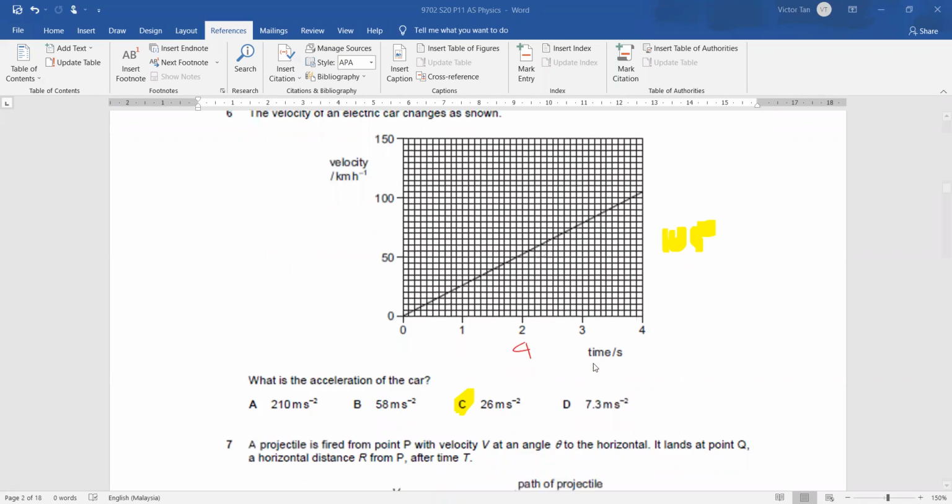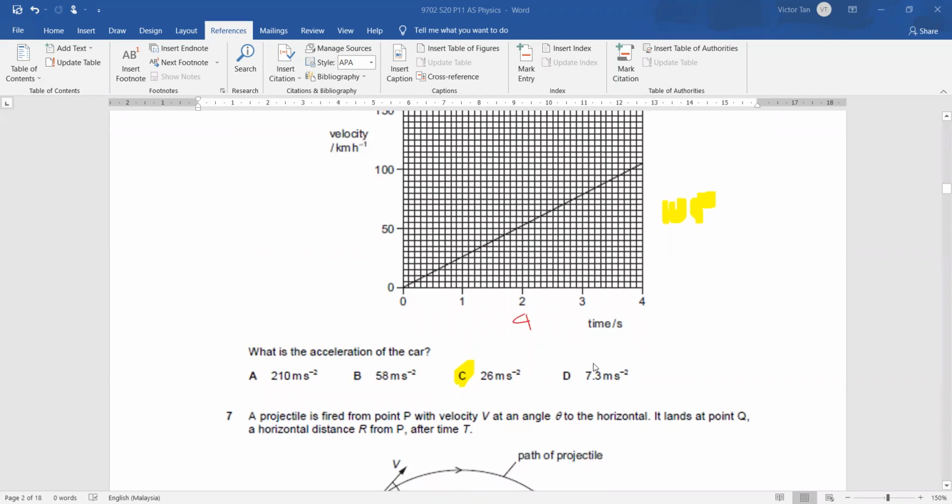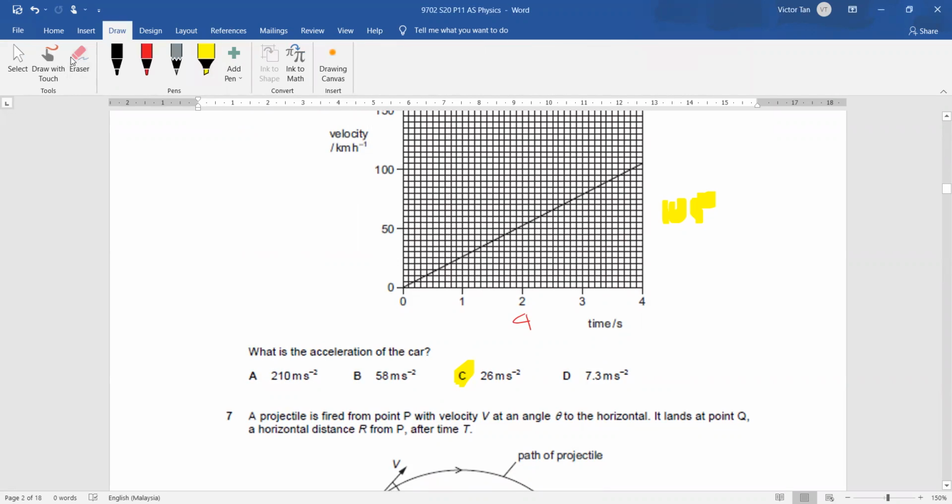Okay, question 7. Oh, wait a minute, I just noticed something. This is not the solution. It is in kilometers per hour. So what you need to do is change kilometers per hour to meters per second.